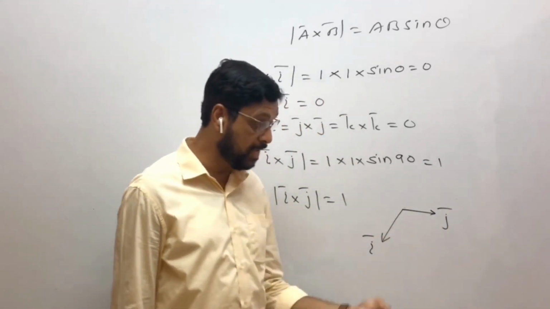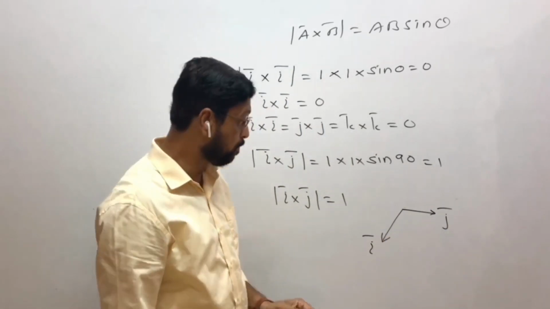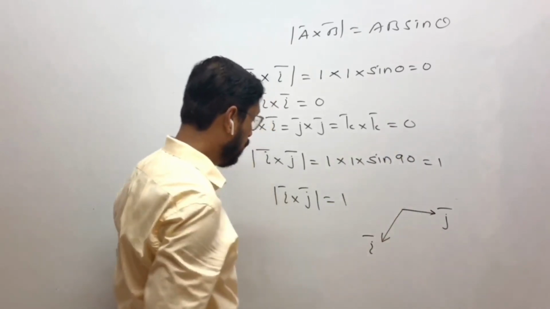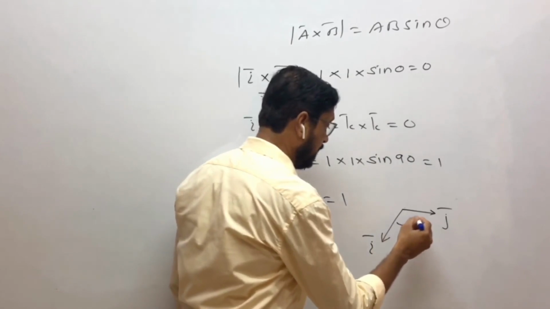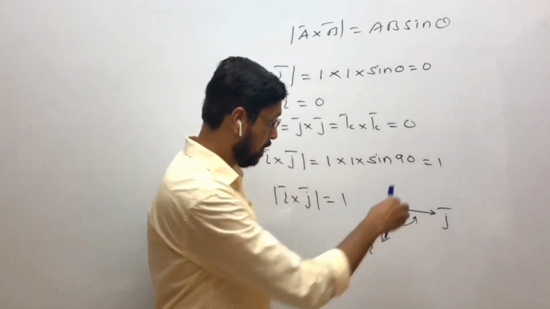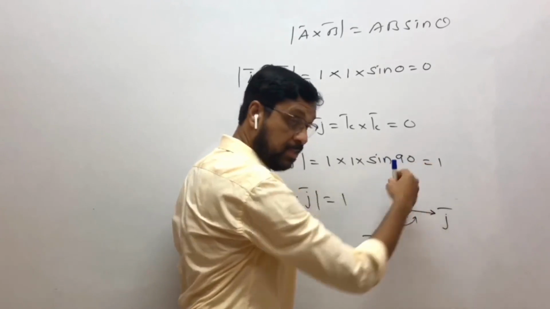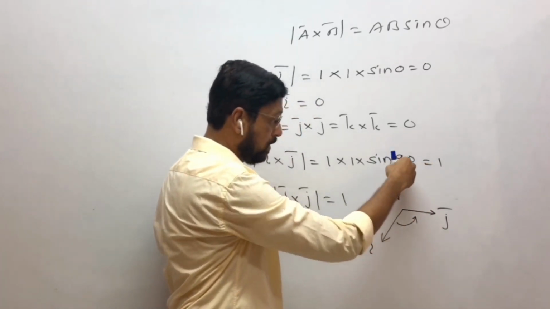In which plane are they? In the horizontal plane. So how will we hold the screw? Perpendicular to this plane. You hold the screw like this. Rotate it from I to J, first vector in the product to second vector. Meaning we will rotate it like this, anti clockwise, from I to J.